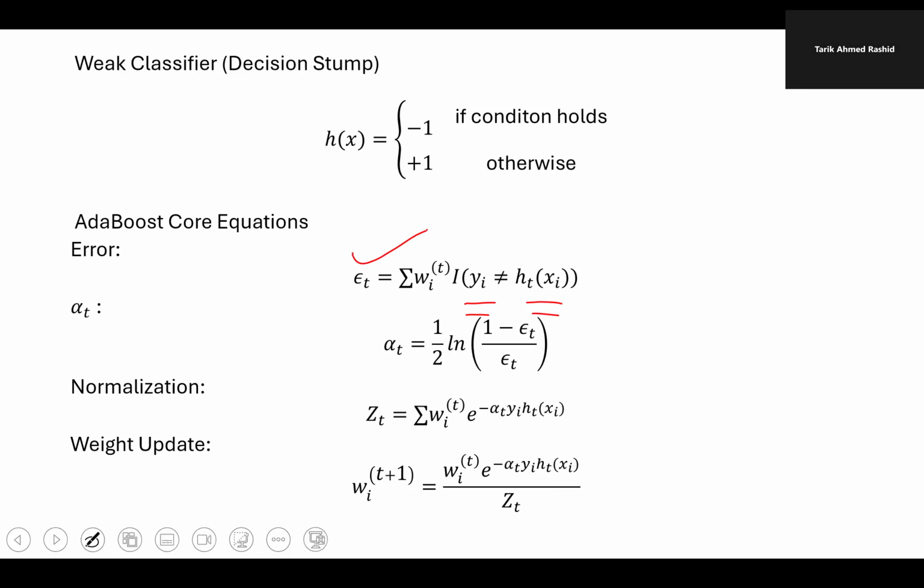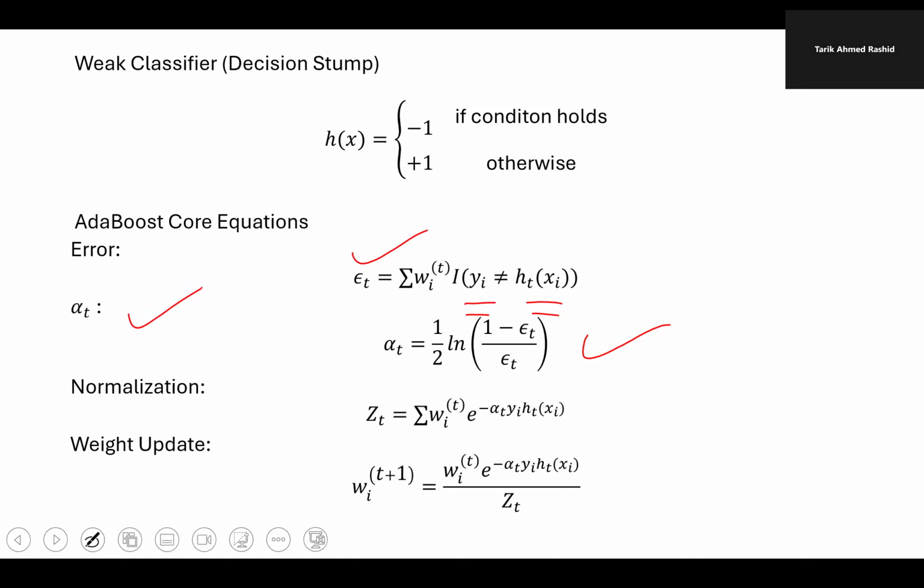Then we find alpha, which can be found by this equation: you have this error, 1 minus error over error, take the ln of this amount, and multiply by half. So here we find alpha. And then the normalization of the weight: it will be the total weight, the sum of the weights of the correct classes and incorrect classes.